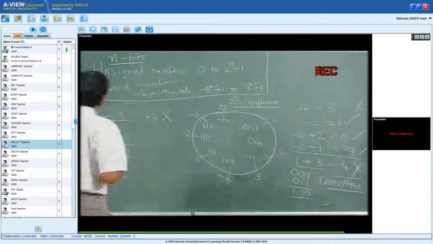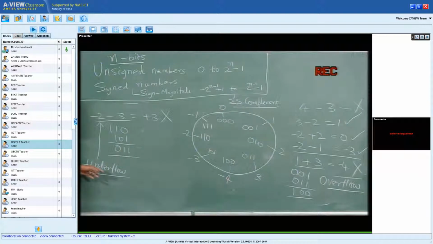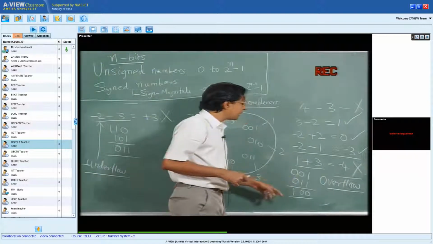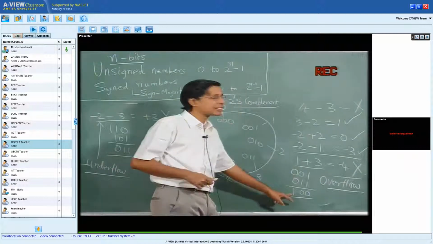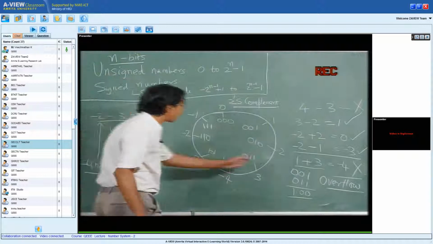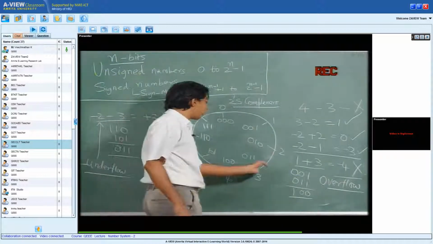So when I take two negative numbers and do the addition, and if I get a positive number as an answer, then it is an underflow. If I take two positive numbers and I get a negative number as an answer, then it is an overflow. Essentially it says that I have crossed this boundary, or I have crossed this boundary.